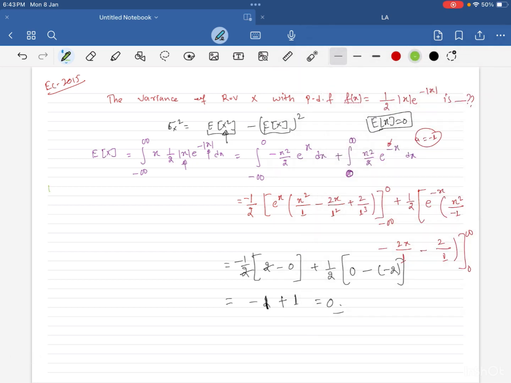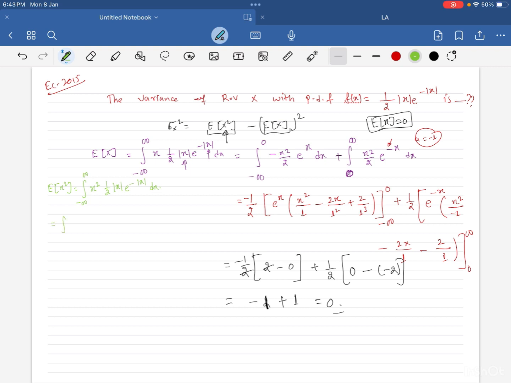So the expected value of x square is the integral from minus infinity to infinity of x square times half mod x e to the power minus mod x dx.